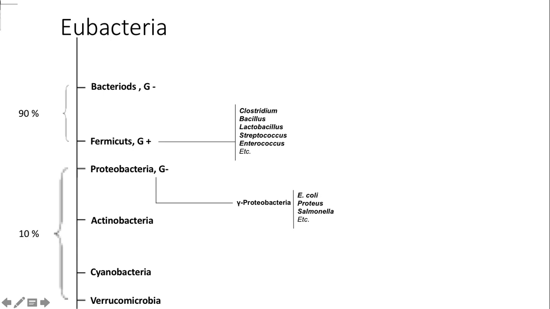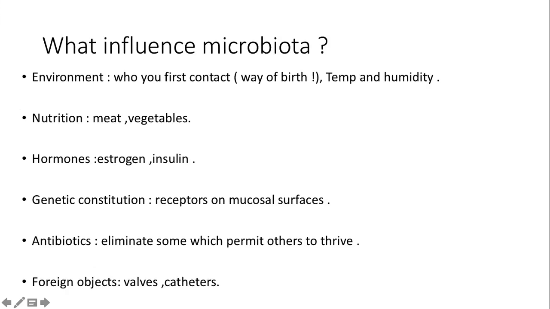We have as well the proteobacteria, like E. coli, Proteus, Salmonella, as well as the actinobacteria, and the representing species in this class is the Bifidobacterium species. And as we mentioned before, the variation in the microbial identity between the samples is different based on different body sites.